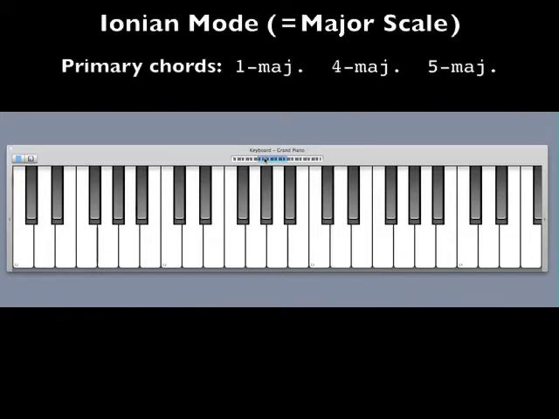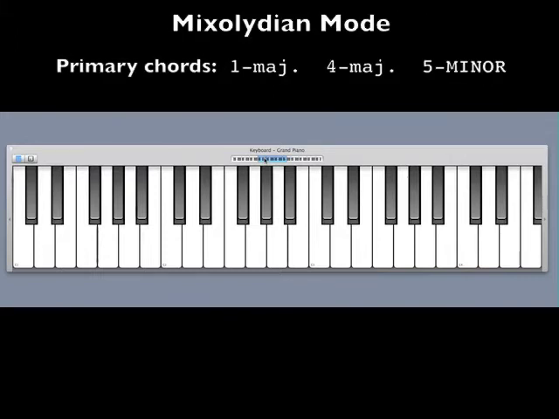Remember that the primary chords in Ionian or major scale were major, major, major. So if we play the primary Mixolydian chords in C, we've got major, major, but now minor, because we've got this B flat.